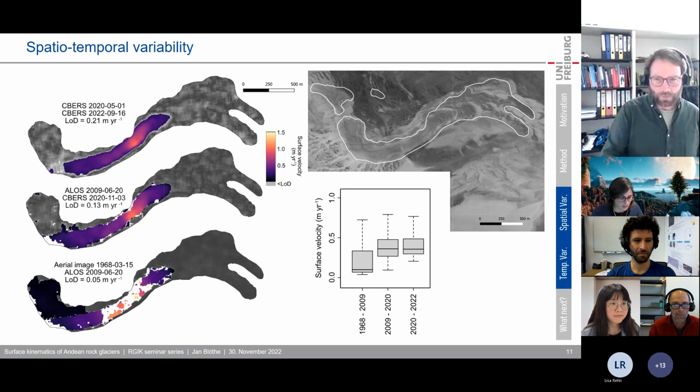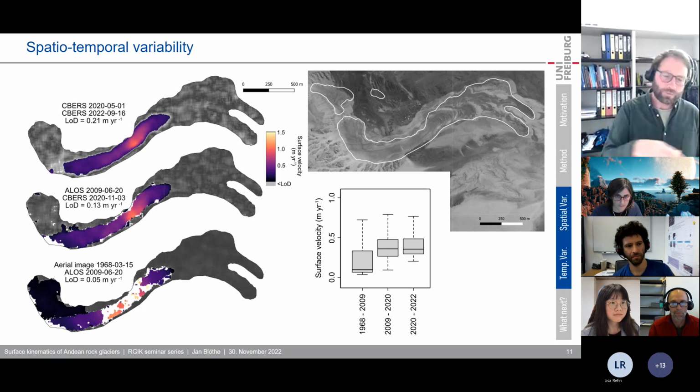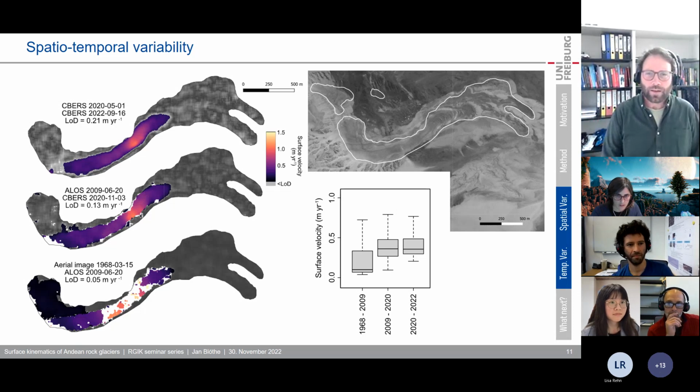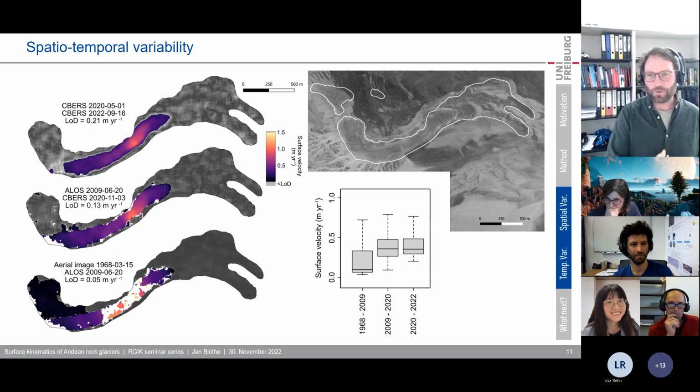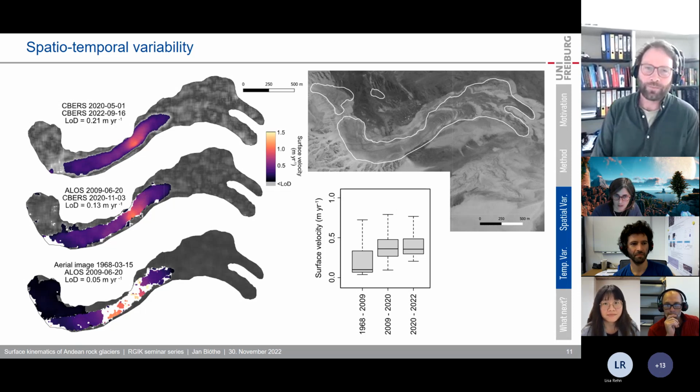This is especially the problem with the Morenas Coloradas rock glacier, because it's moving so fast. You saw that movement rates are some 2 to sometimes more than 2 meters per year. And 50 years afterwards, some features look so different that the algorithm is just not picking that up as a similar feature anymore.